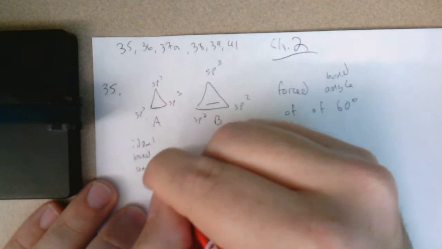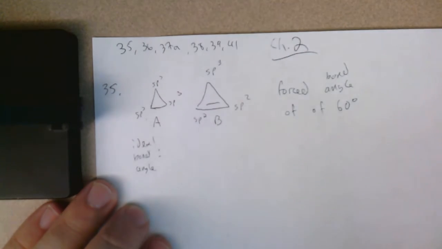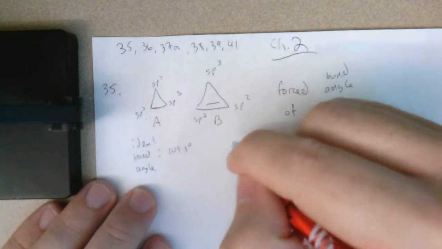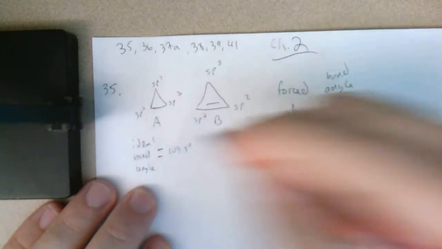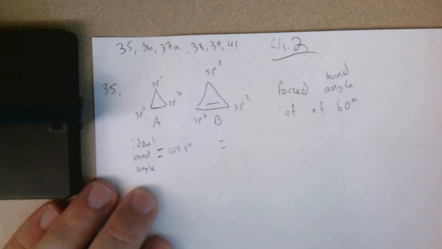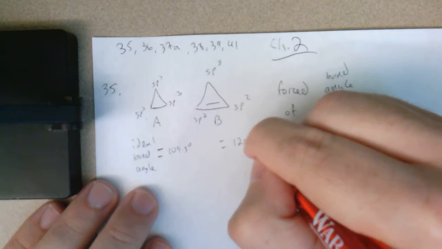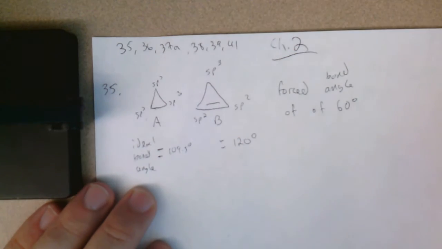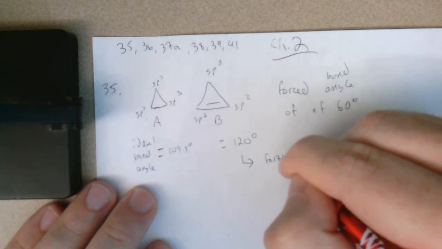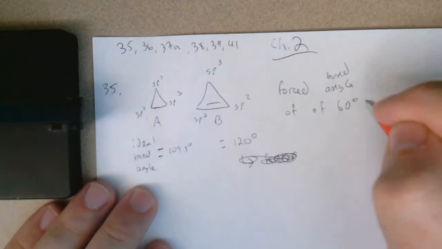So ideal bond angle for A, if it's sp3, should be 109.5 degrees. For B, our ideal bond angle should be, for sp2, it's what? 120 degrees.